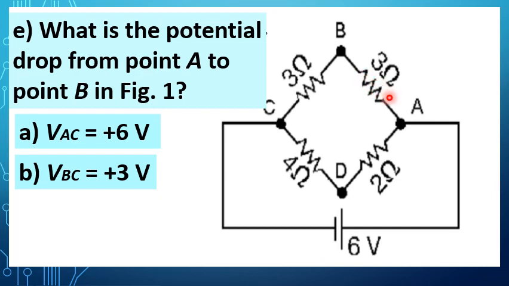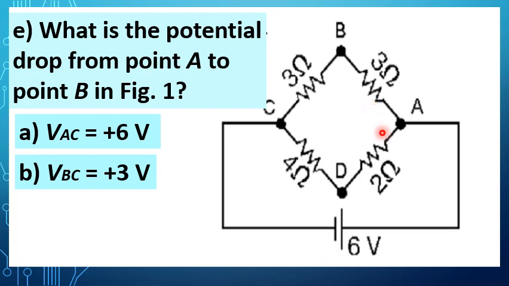That is positive 6 volts divided by 2. So that is why the voltage of BC must be positive 3 volts.